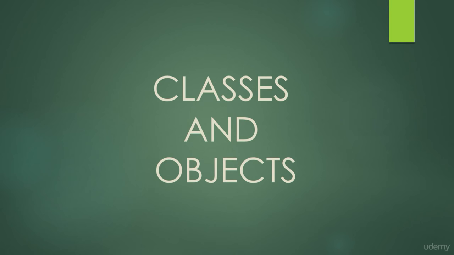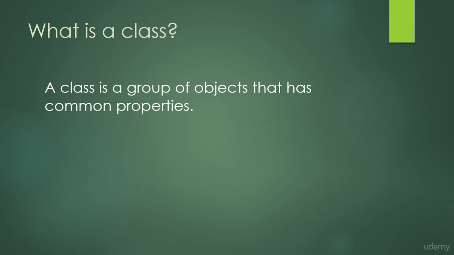Alright, to get started, you need to know what classes are. Before we learn that, if you remember when we learned arrays, I told you that an array is a data structure. That means it can store a lot of information. An integer array can store a lot of integers, and a string array can store a lot of strings.